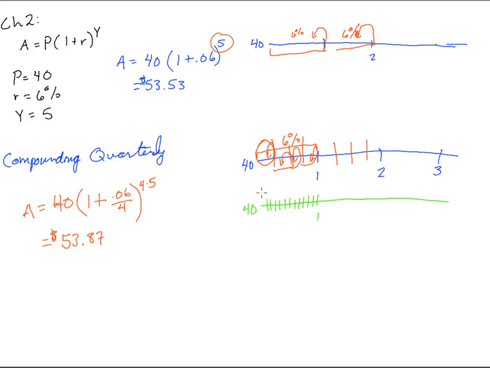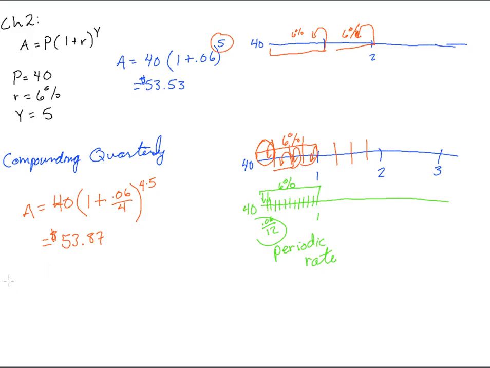Now the 6% has to happen over the full year, so we're going to take 6%, but divide it by 12 pieces this time. So this is going to be 0.06 over 12. This is what's called the annual interest rate. This guy, and this is kind of important, is called the periodic rate. The periodic interest rate.